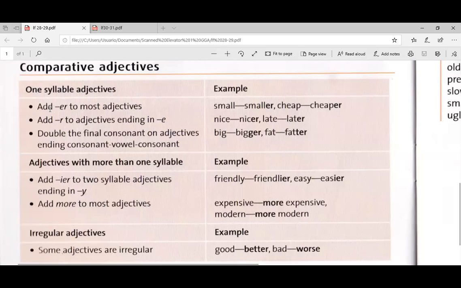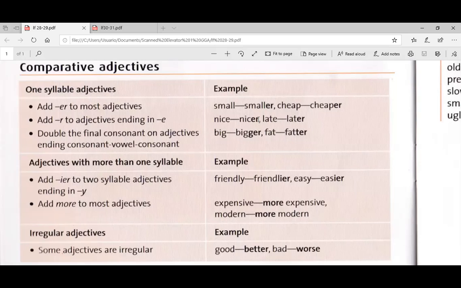So there are some important situations. Look, number one, add er to most adjectives. Okay, so you have small, smaller, cheap, cheaper. Add r to adjectives ending in e. So when you have e, for example, nice, you don't have to add er like nicee r. No, it's not correct. You have to say nicer. Or late, later.